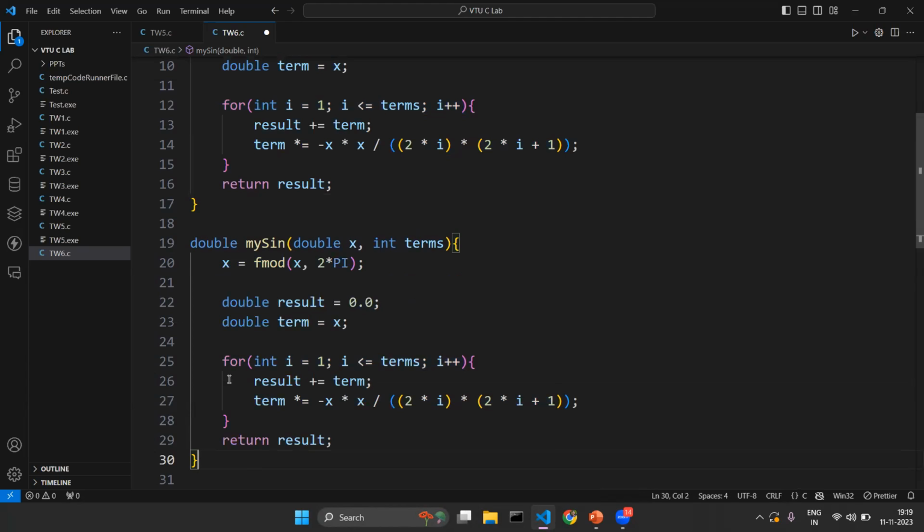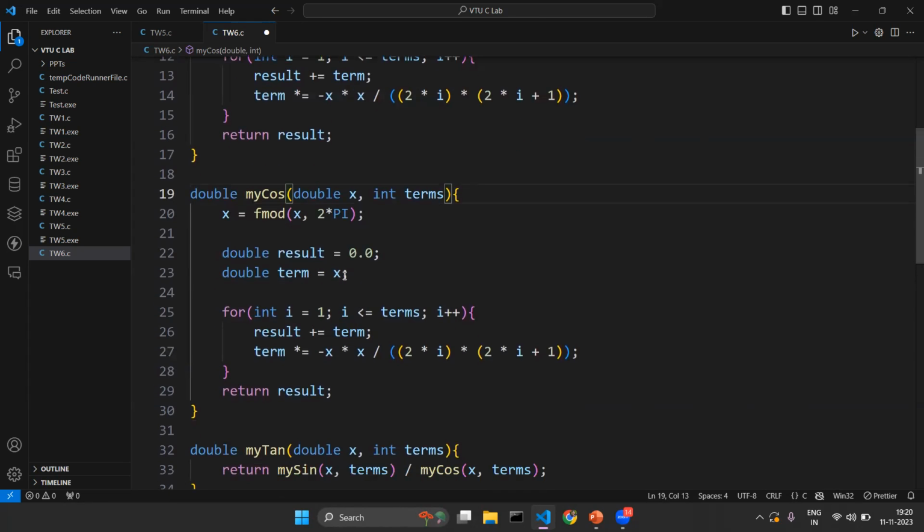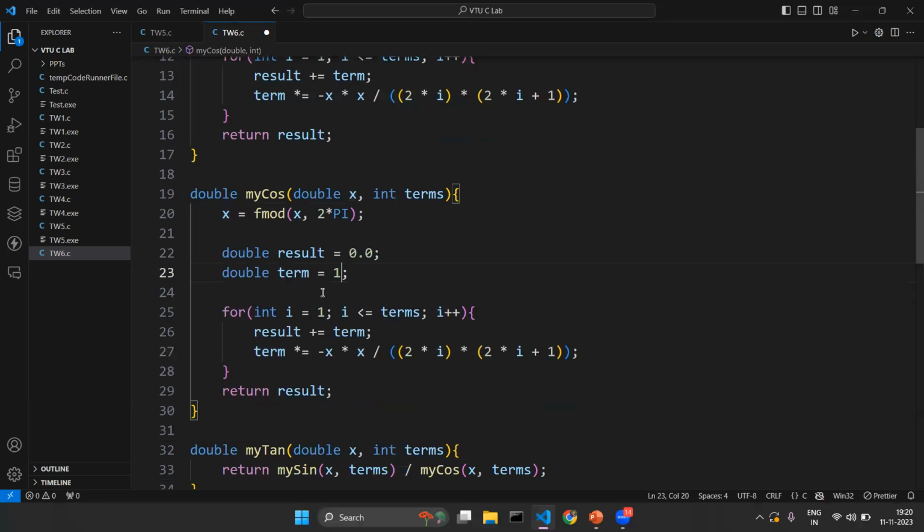Why I copy pasted is that we can design the cos function in a similar way. You just need to change the name, and fmod also remains the same. Result and term variables also, but the term variable for sin x was x, for cos x it is 1, so let's change it to 1.0.